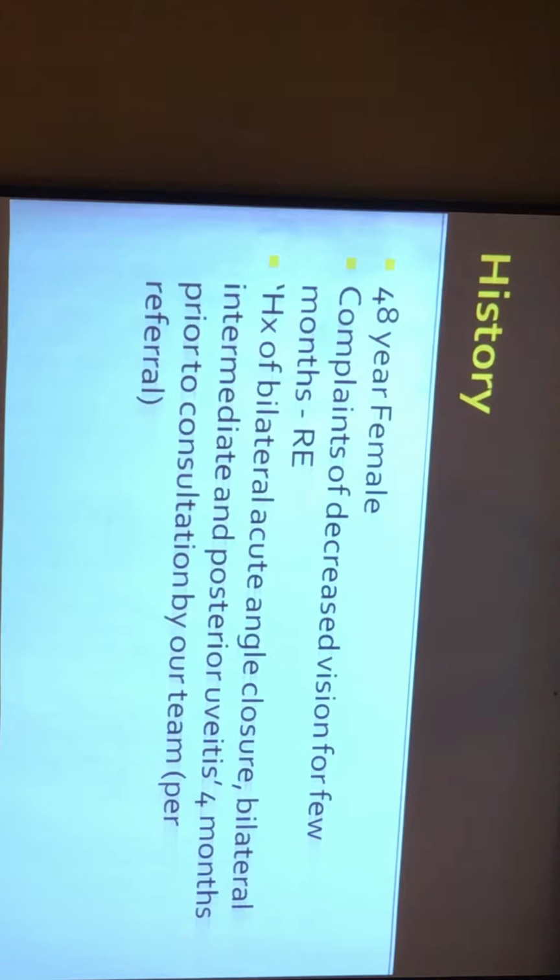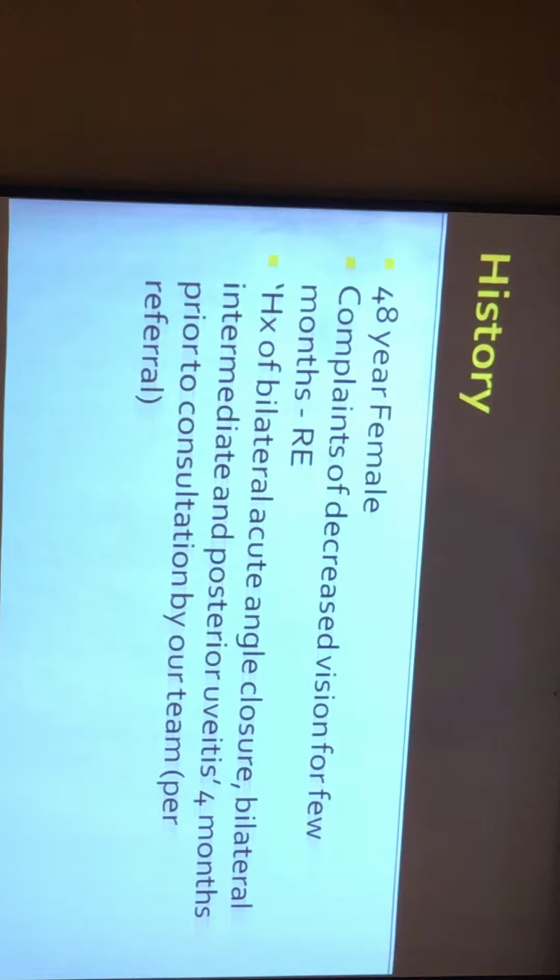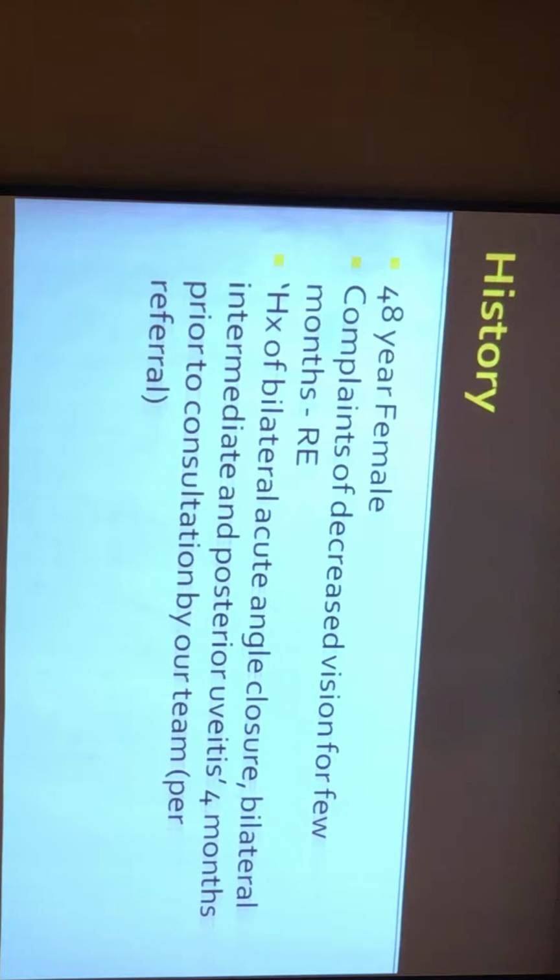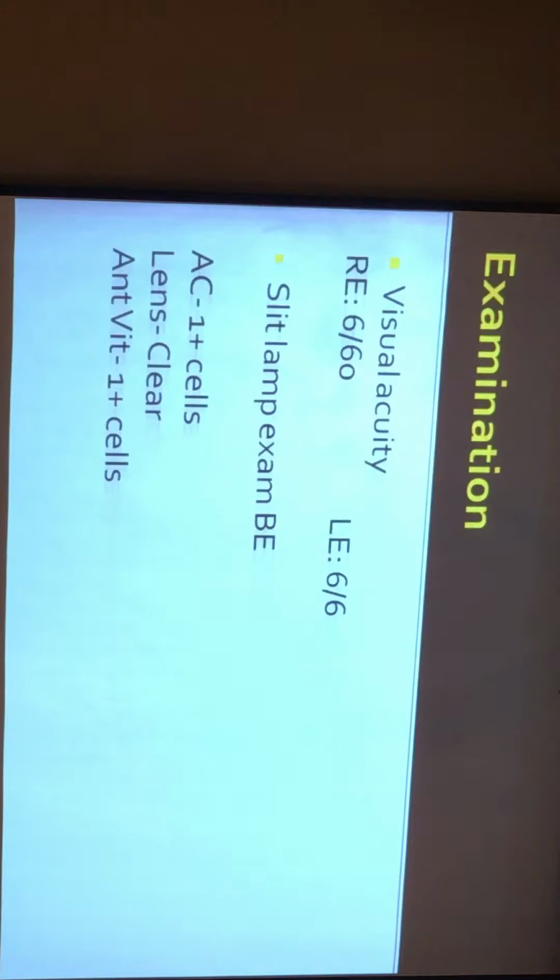Just try to describe it a little bit. This case is about a female about 48 years, complaining of decreased vision for a few months, with bilateral intermediate and posterior uveitis, about 4 months. And the visual acuity, right eye 6/60 and left eye 6/6, and the slit lamp is the same.